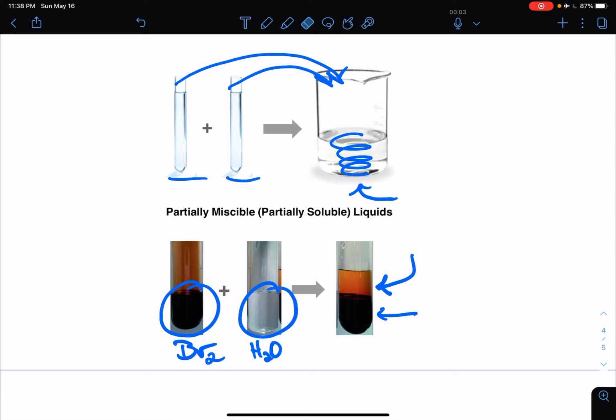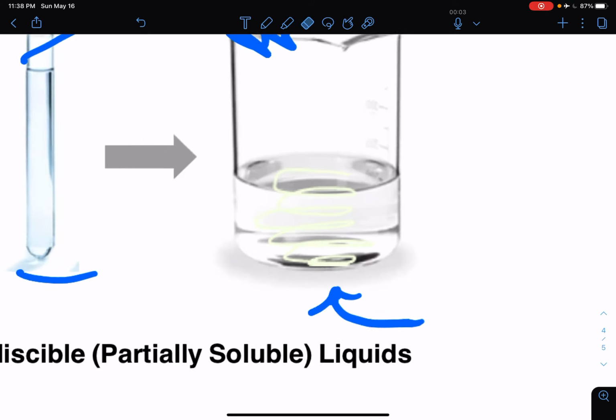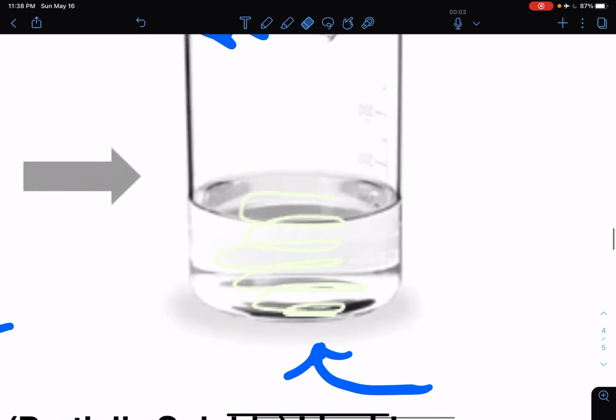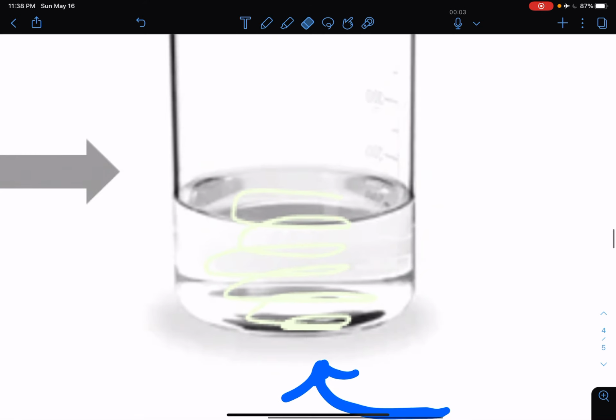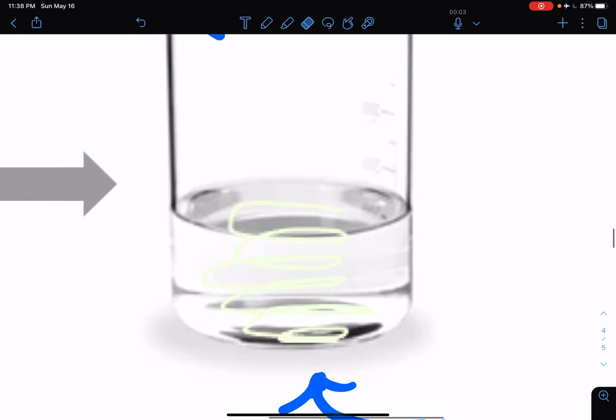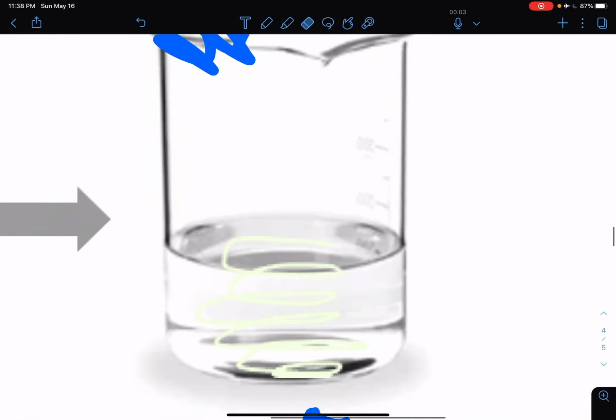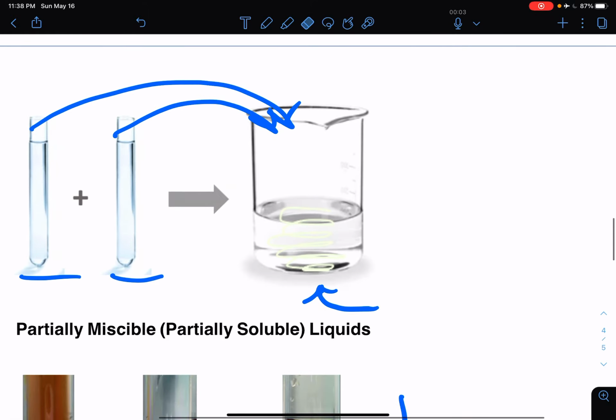So hold on, let me see if I can expand this a little bit. So you see how I've drawn a little yellow swirly right there? That's kind of what it looks like when you have a couple of clear colorless liquids and you put them together and they're only partially miscible. When you shake the test tube, like when you swirl it around or you swirl the beaker around, it looks kind of swirly or oily in there.